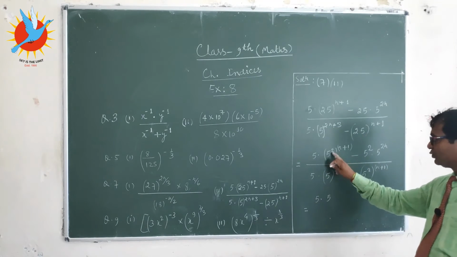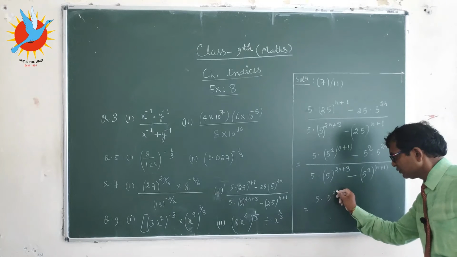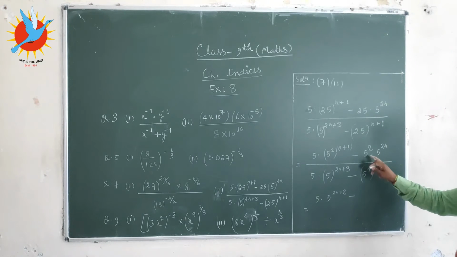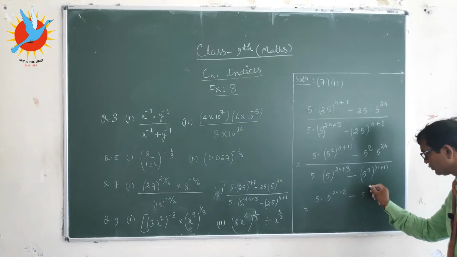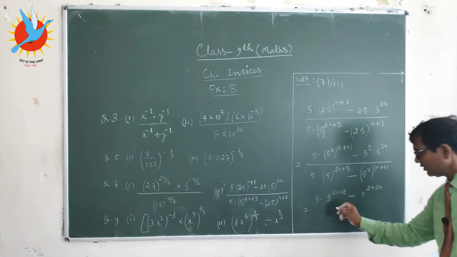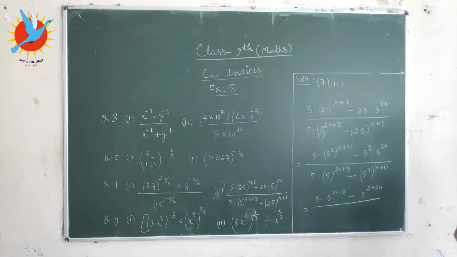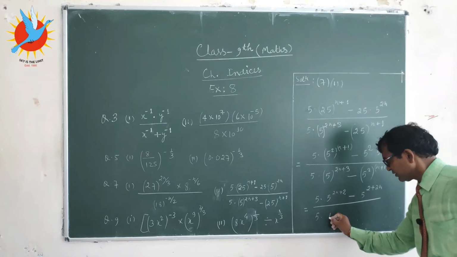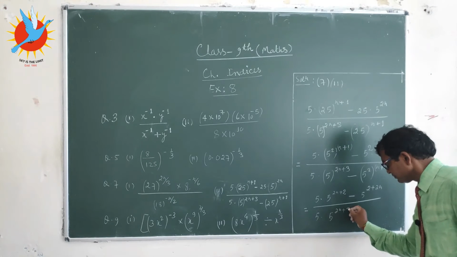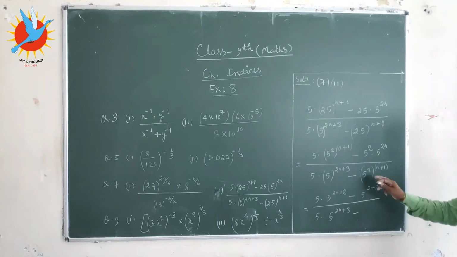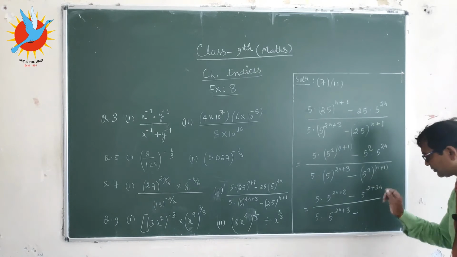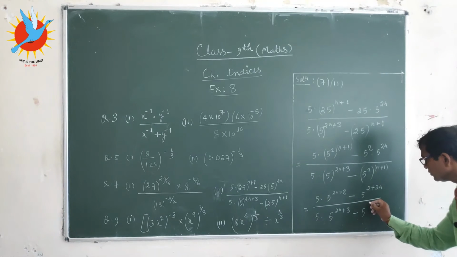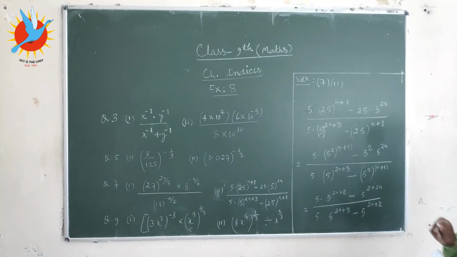If 2 multiplies this, 2n plus 2, this will become 2n plus 2 minus, this will become 5 to the power 2 plus 2n over, this can be written as 5 into 5 to the power 2n plus 3 minus, this 2 would be multiplied to this, and therefore this becomes 5 into 2n plus 2, 2n plus 2.